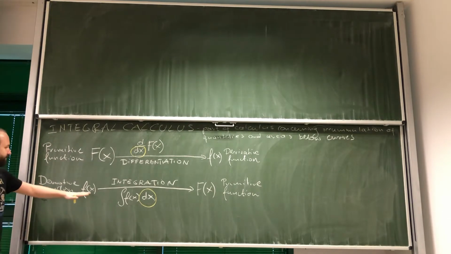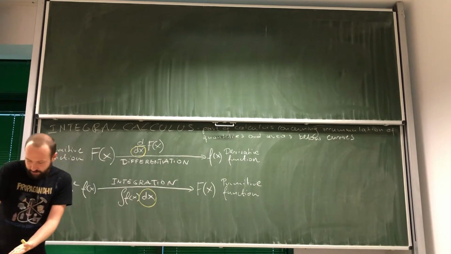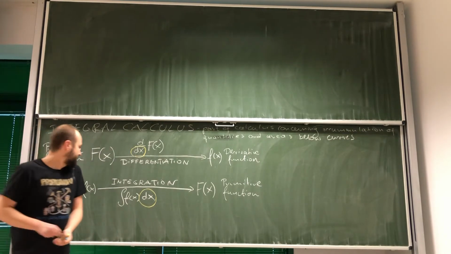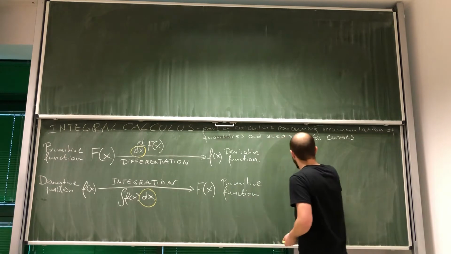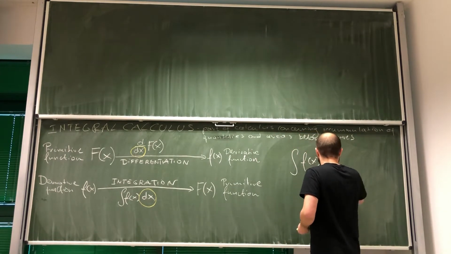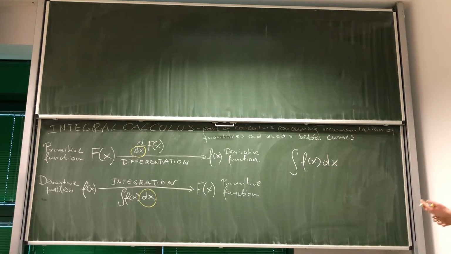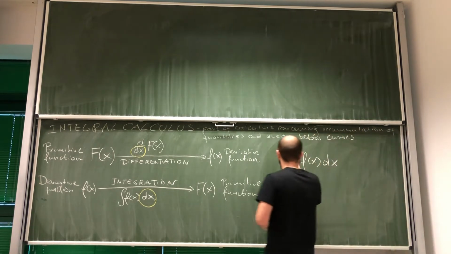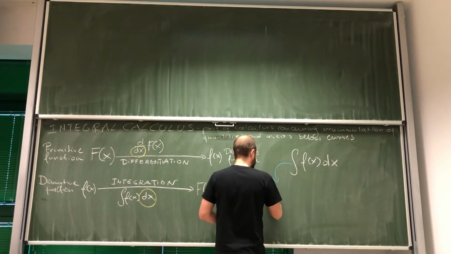Okay, but let's now get to this symbol. What you see over here is the expression we're going to use when we perform integration. Now, this is called the integral sign.